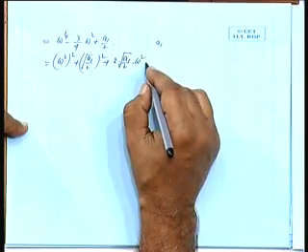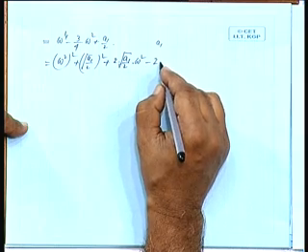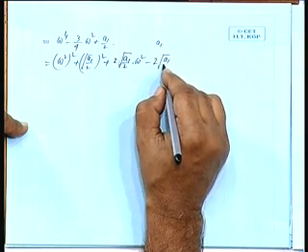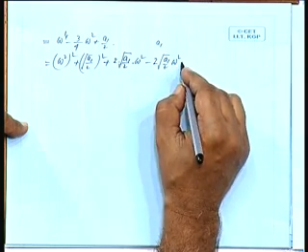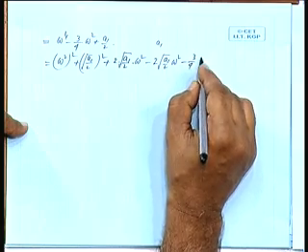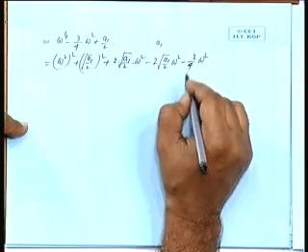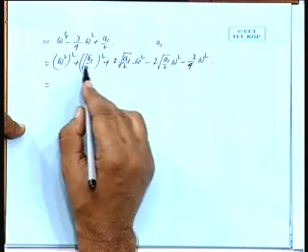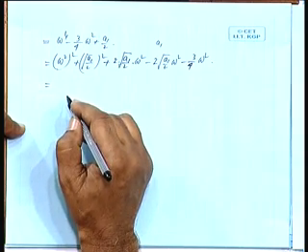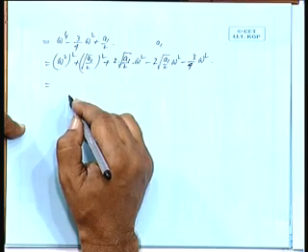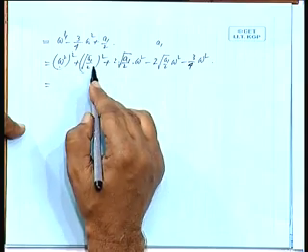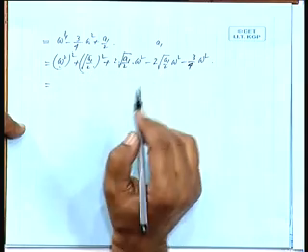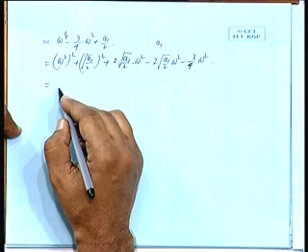If I add this and subtract it, so that I can choose, what should I choose? This plus this, plus this or minus this, either way.